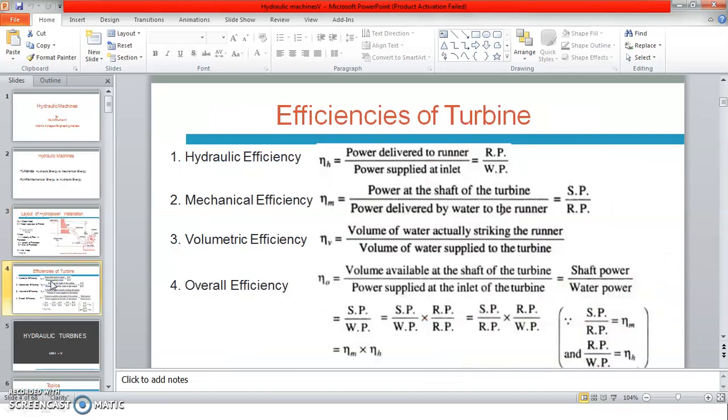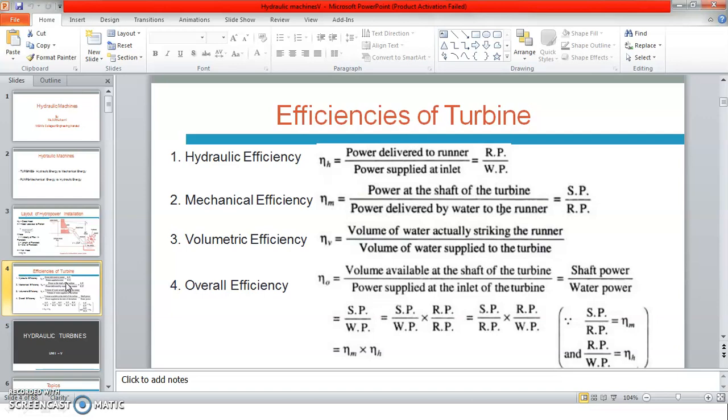Now next we should know what the efficiency of a turbine is. We know that efficiency is usually given by output upon input. For example, if we take a student, say input is his hard work and output is his marks.